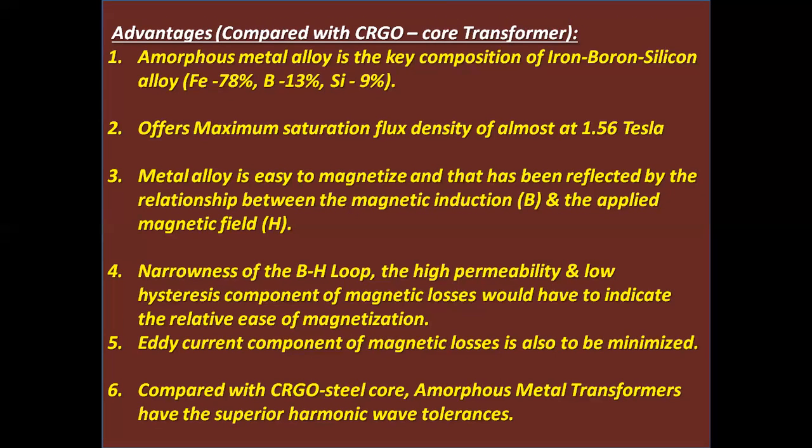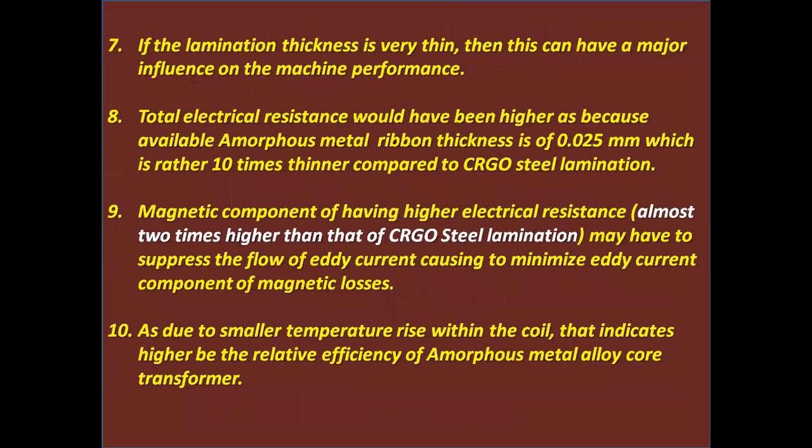Number 6, compared with CRGO steel core, amorphous metal transformers have superior harmonic wave tolerance. Number 7, if the lamination thickness is very thin, then this can have a major influence on machine performance.